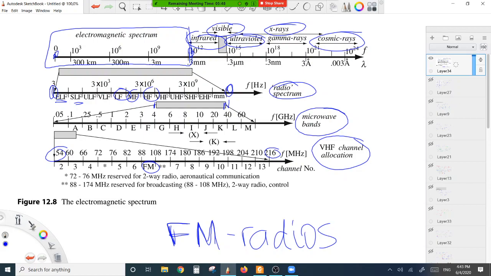Okay, in this course, in the course of electromagnetics, most of our work will have to do with the spectrum below the infrared region, because much of the work on infrared, visible light, ultraviolet, X-rays, and gamma rays is treated in optics.